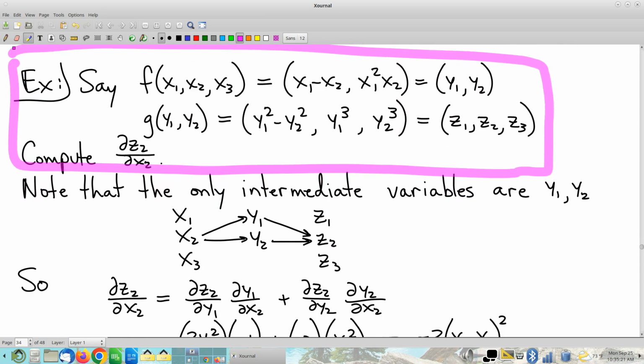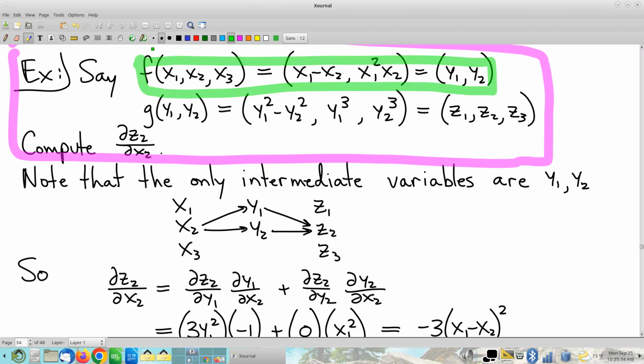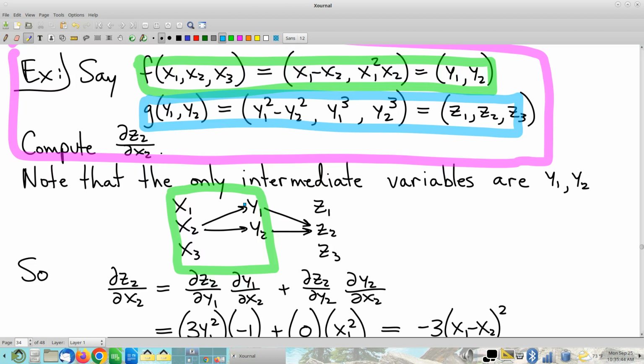I strongly encourage that you use those diagrams as well. So here we go. Let's assemble this diagram. We've got this function that turns the x's into the y's. There it is. Then we've got this function here that turns the y's into the z's. That's that right there. Everybody see how I assembled my diagram so far?